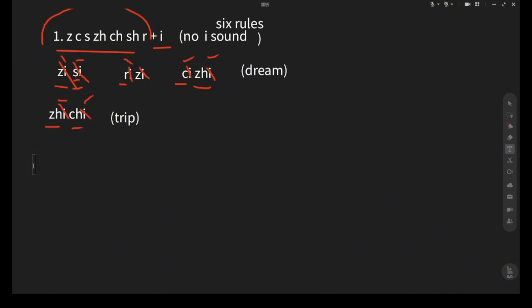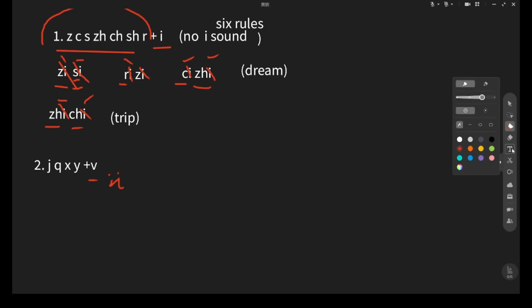So let's see the second rule. Okay, this v is ü, right? When this group is with u together, remember the two dots disappear on this u.